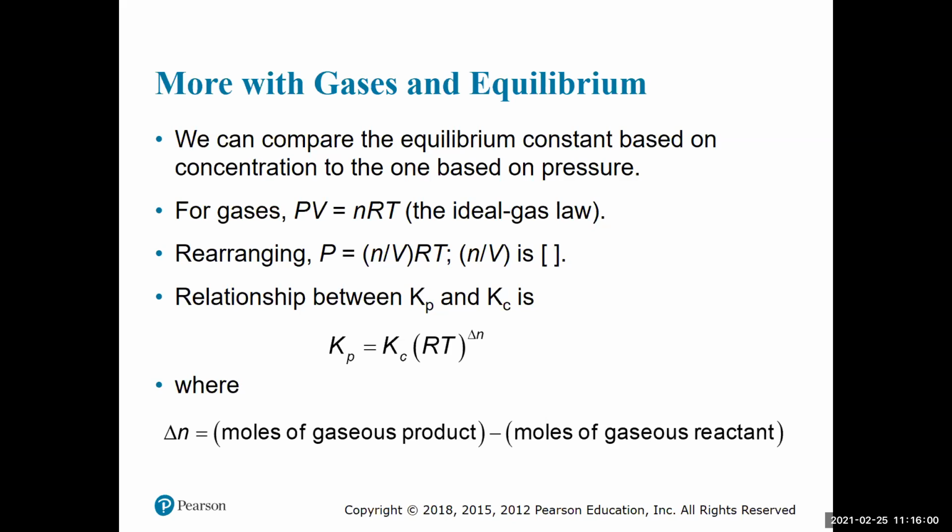R is the ideal gas law constant. T is temperature in Kelvin. Delta n, you see defined down here at the bottom, is moles of the gaseous product minus the moles of the gaseous reactant. So this relationship just allows us to see how the equilibrium constant for pressure would relate to the equilibrium constant for concentration.